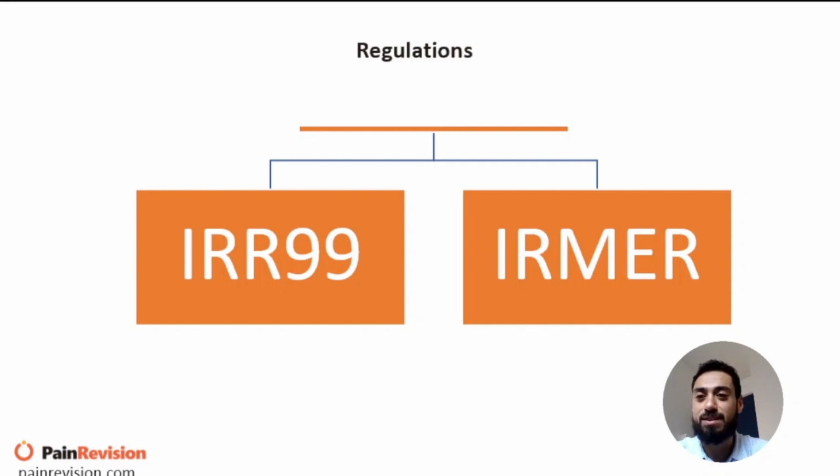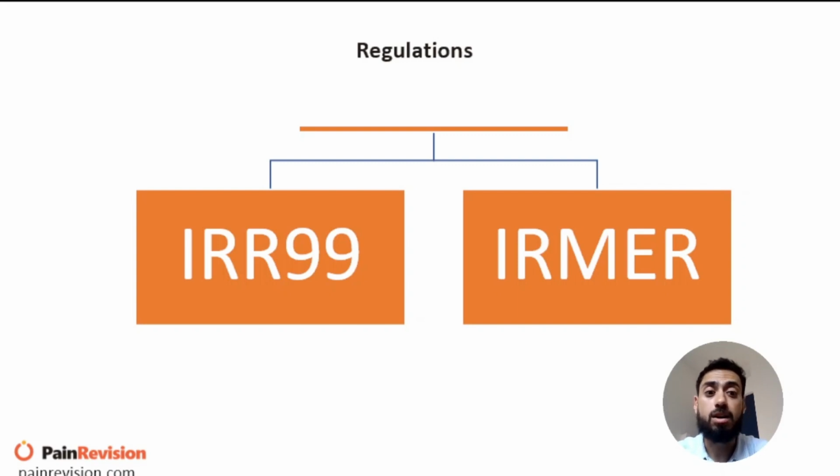It is something that everyone has to go through if they are dealing with ionizing radiation or requesting scans or requesting procedures. So IRMER refers to the regulations that are put in place to try and minimize exposure to the patients. So it's basically about justifying the use of ionizing radiation.